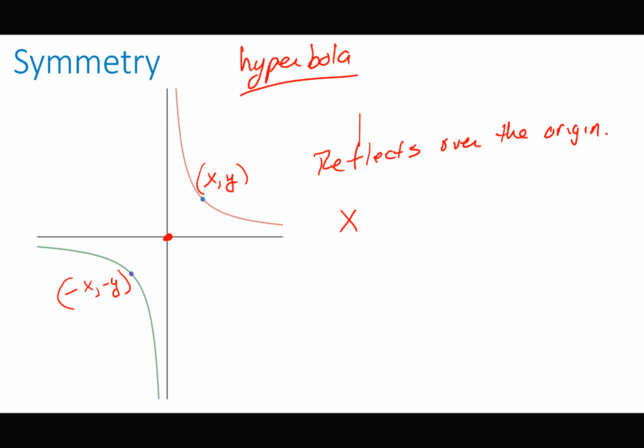And so if I have some x coordinates, that is going to change to a negative x, or vice versa. So I'm going to put my arrows going both directions. If I'm at x, it'll work for a negative x. If I'm with a negative x, it will work with a positive x. But also my y can go both directions.